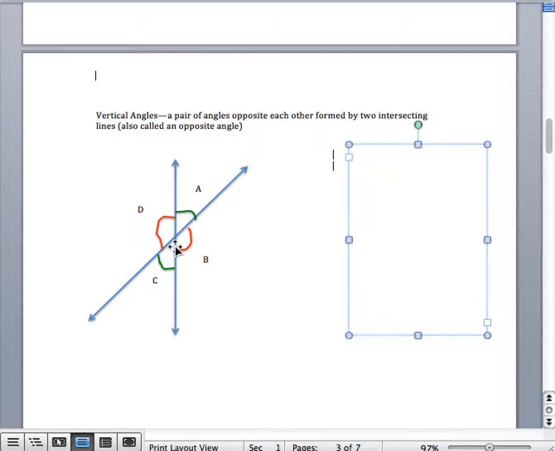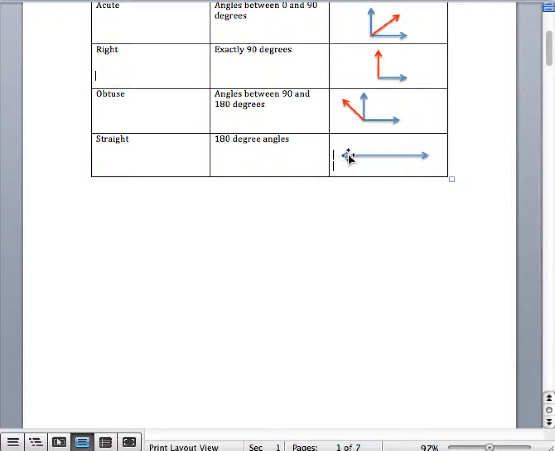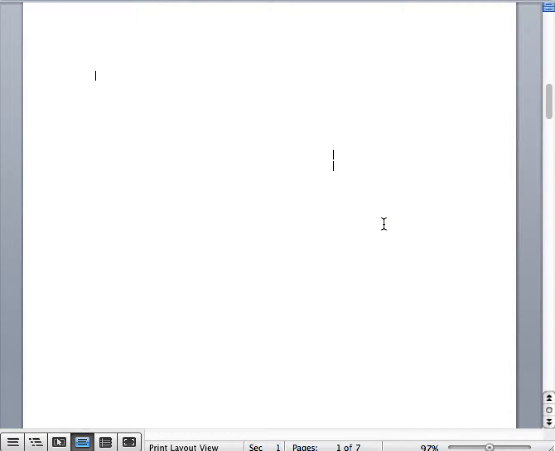So let's look at A and B for starters. Both of these angles rest on this ray right here, and I'll see if I can highlight it for you. Yes, so angle A and B rest on this yellow line together. And so remember, up here we learned that this 180 degree line is a straight angle. So a line is 180 degrees.